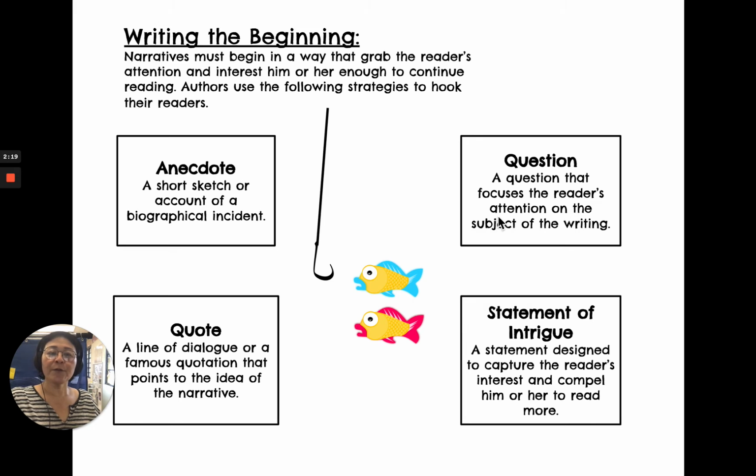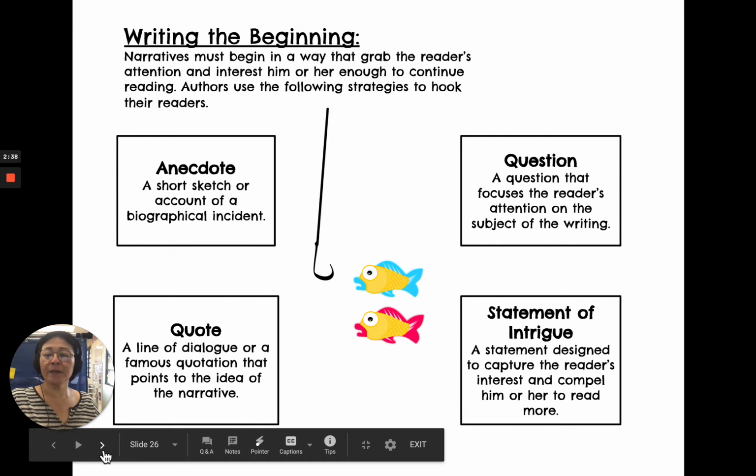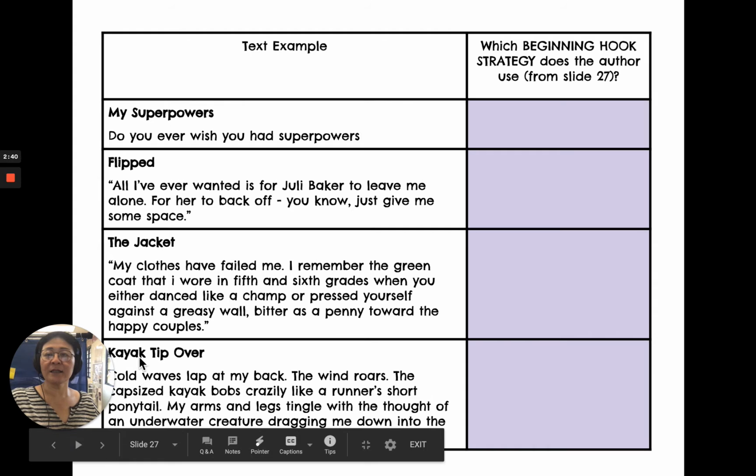Okay, so these are 4 ways you can start. You can use 1 each, and as you will see in the next slide, you could technically do a combination. Whatever actually works for your writing. Okay, so I'm going to go to the next slide.